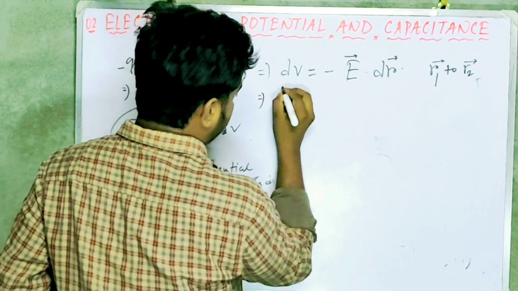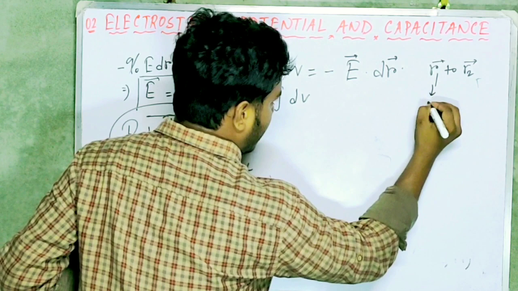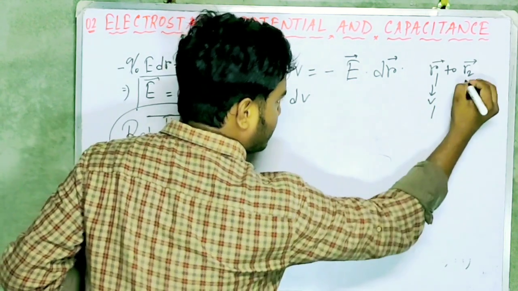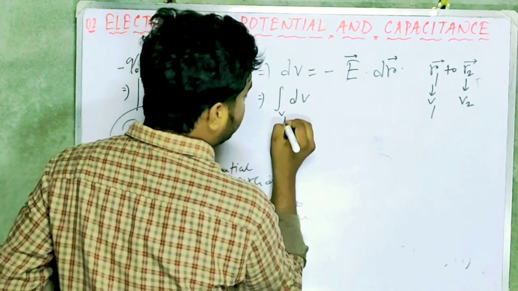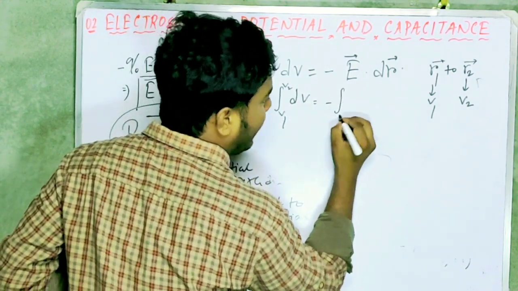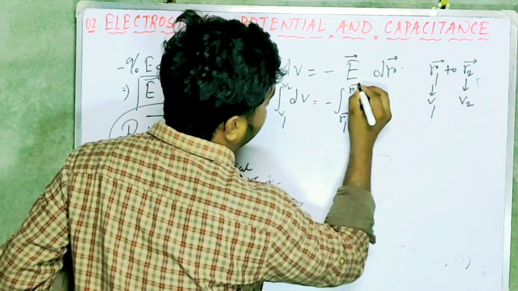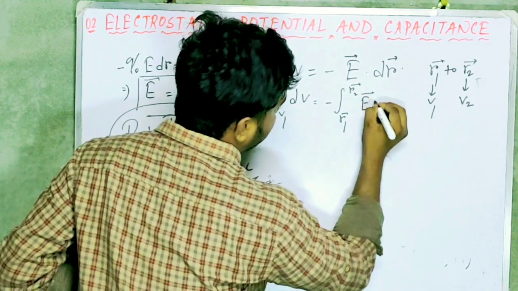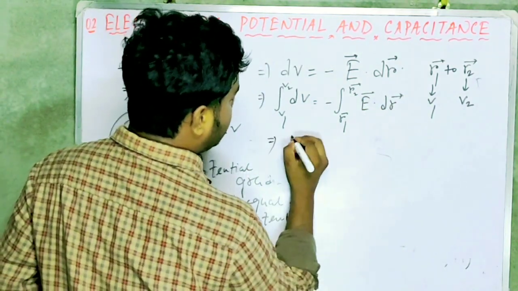So integration of dV, and suppose at position R1 the potential is V1, and at position R2 the potential is V2. So the limit will be V1 to V2, and here minus the integration from R1 vector to R2 vector of E vector dot dr vector. Now integrate it.